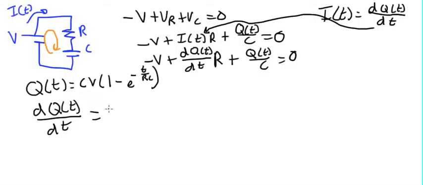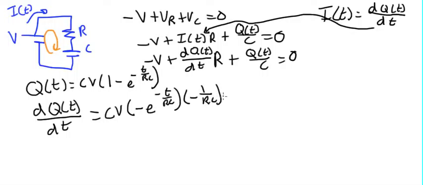So CV stays around because it's just a constant. The derivative of 1 is 0. The derivative of e to the x is itself. And then we need to take the derivative of the exponent because it's a function of t. So chain rule: 1 over RC.